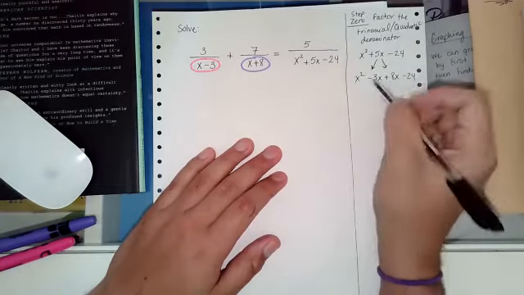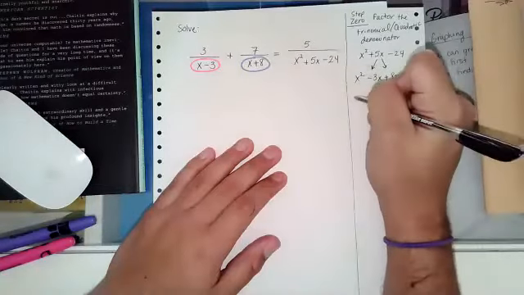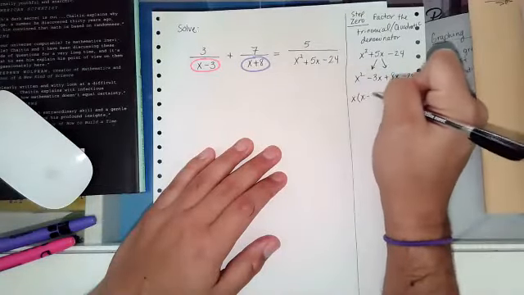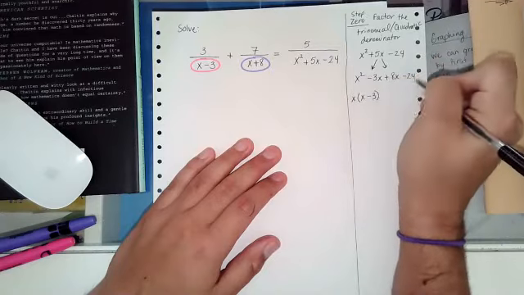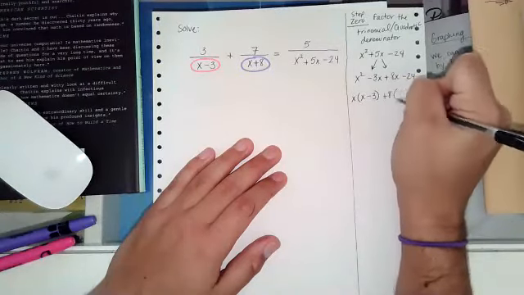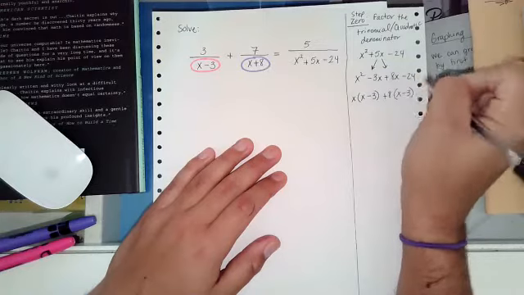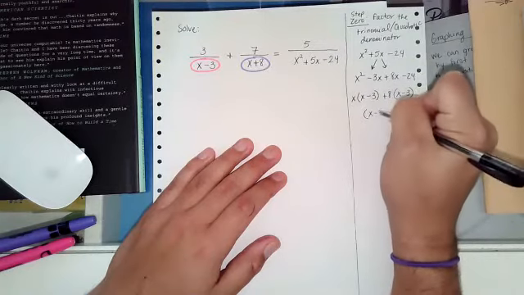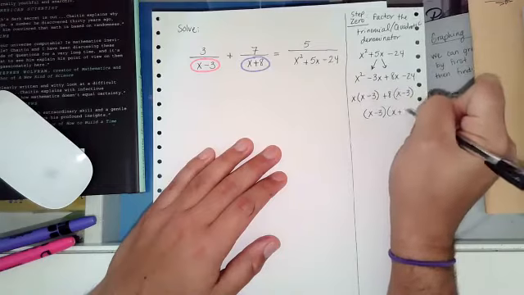When I factor out the first two terms, I'll have an x here, which will leave me with x minus 3. I factor out an 8 over here, so I will have an x minus 3 here as well. So my factors will be x minus 3 and x plus 8.